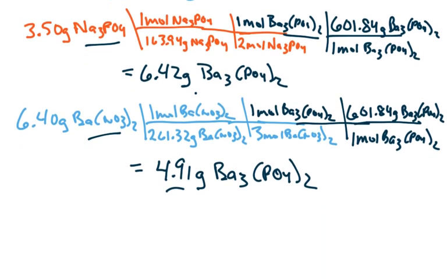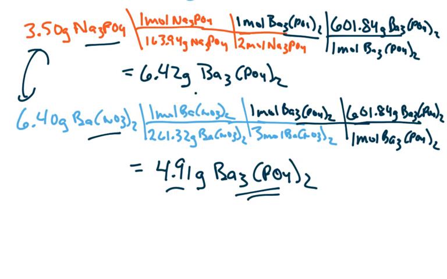That's not how it works. Okay? You mix them both together and then you make this stuff. And you are only going to make as much as you have of these reactants. So if one of them runs out, you stop making it. You are done. The reaction is over.